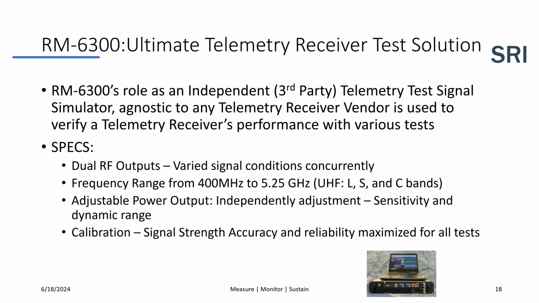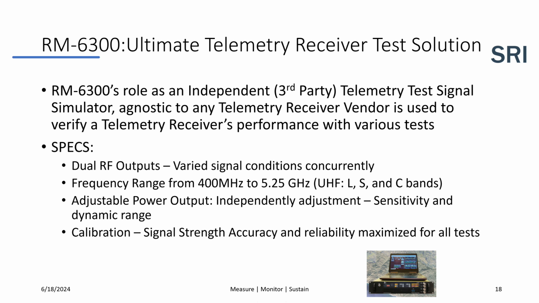Equipped with two dual RF outputs, the RM6300 facilitates the generation of two separate RF signals simultaneously, covering a broad frequency spectrum from 400 MHz to 5,250 MHz. This unique feature enables simultaneous varied signal condition evaluations, essential for advanced telemetry testing scenarios.